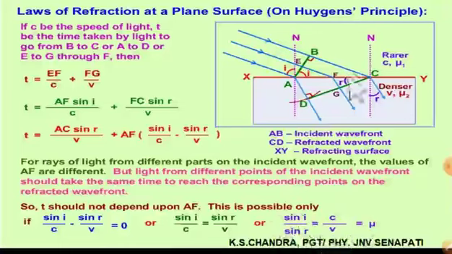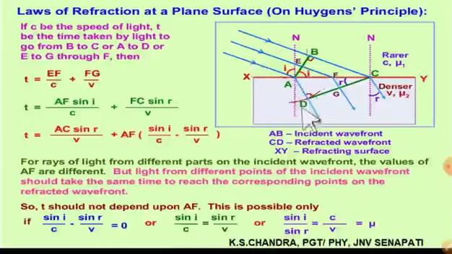The ratio of the velocity of light in the first medium to the velocity of light in the second medium bears a constant ratio, and that constant we call the refractive index of the second medium with respect to the first medium, which is your first law of refraction of light. And as I said in the case of the laws of reflection, these are all cross sections.